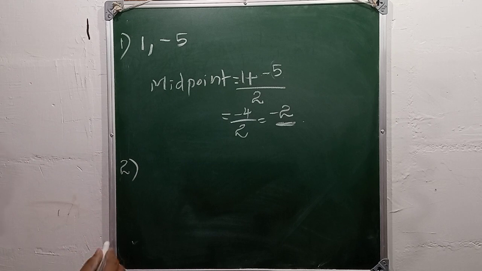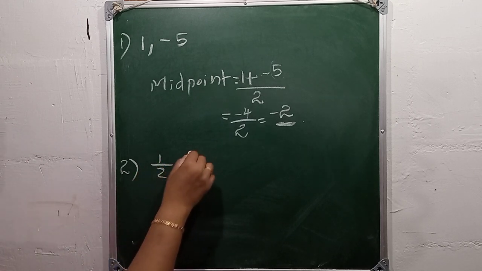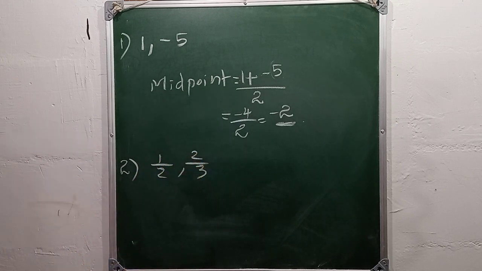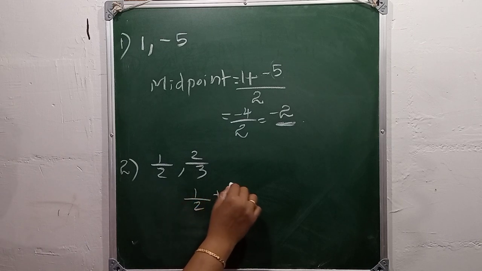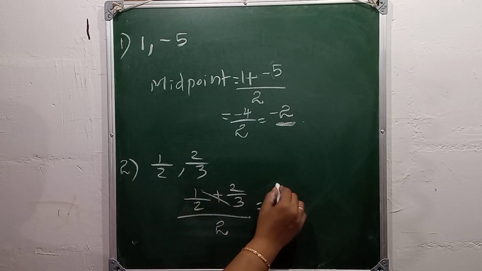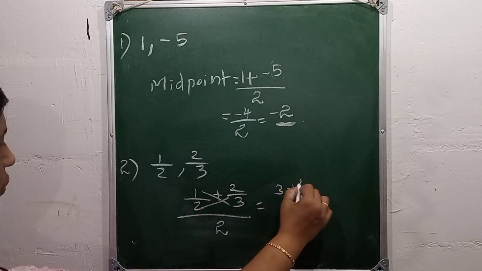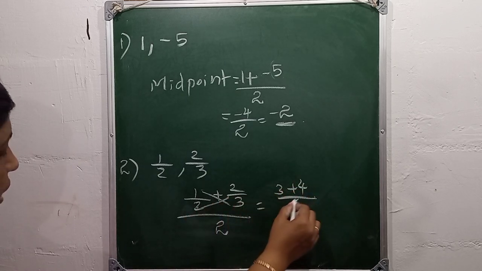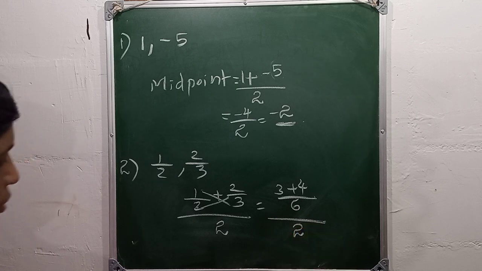Second one is 1 by 2 and 2 by 3. For that, 1 by 2 plus 2 by 3, all divided by 2. Here you can use the cross multiplication method: 1 into 3 is 3, 2 into 2 is 4, divided by 2 into 3, 6, all divided by 2.